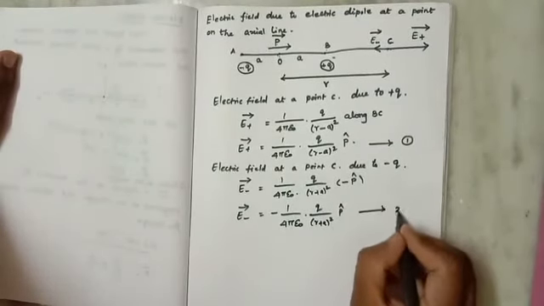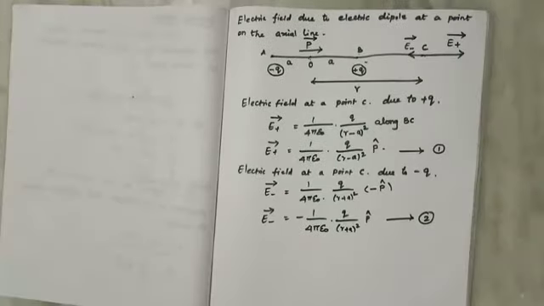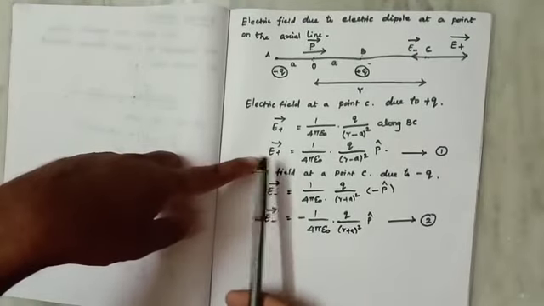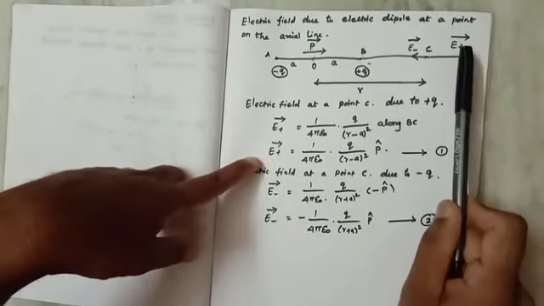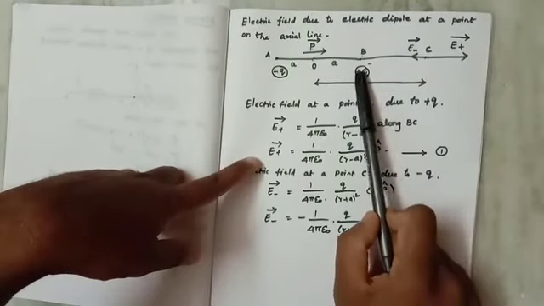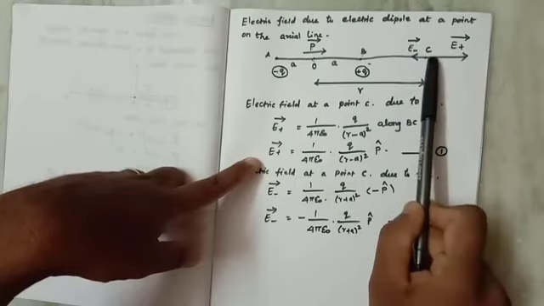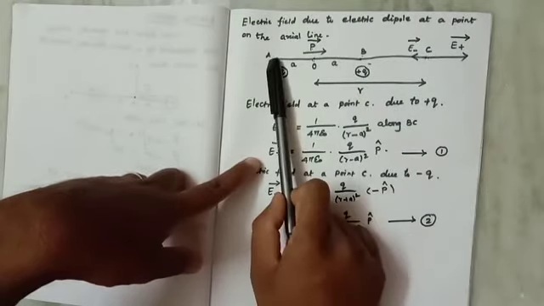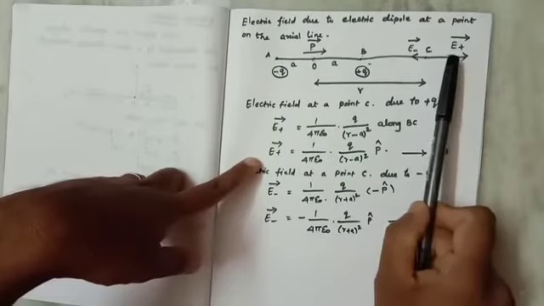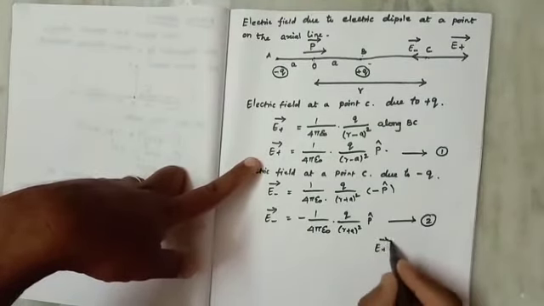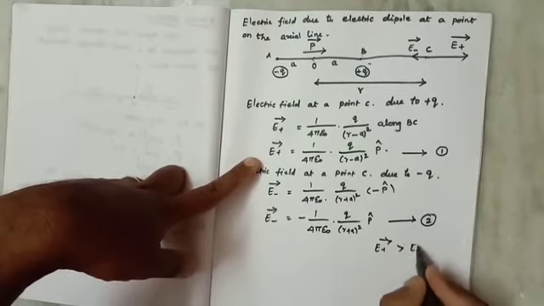This is equation number 2. From equations 1 and 2, we can write the electric field E plus vector due to the positive charge. The positive charge is very close to the point C compared with the negative charge, so the electric field due to the positive charge is always greater than the electric field due to the negative charge.